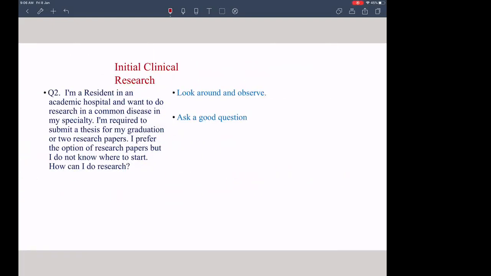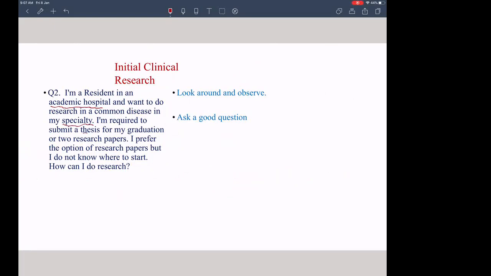In this case, the question is, I am a resident in an academic hospital and want to research common diseases in my specialty. Well, specialty is important. I am required to submit a thesis.